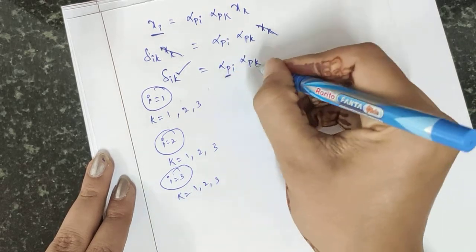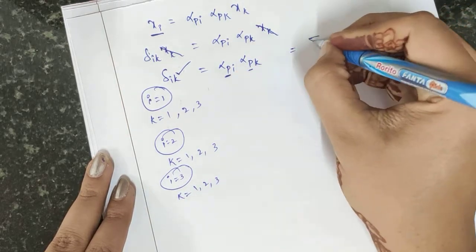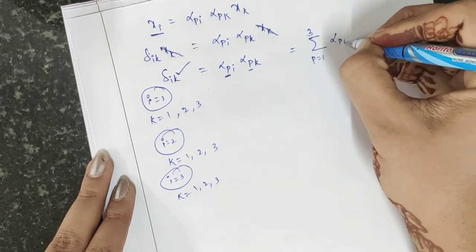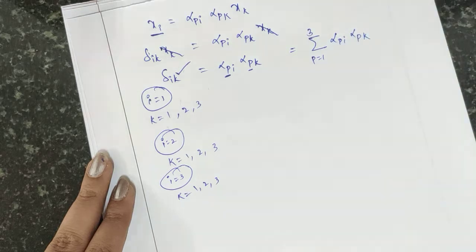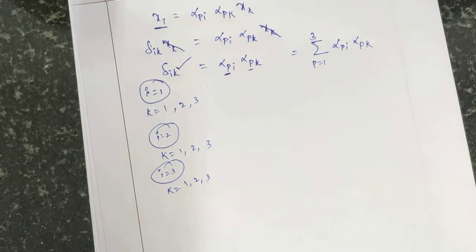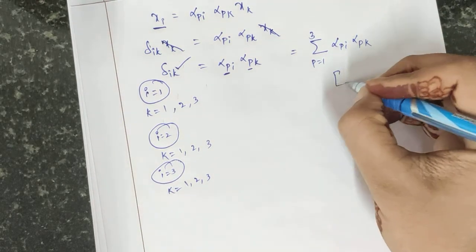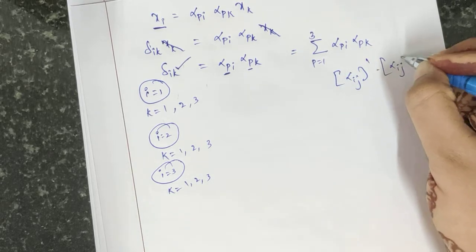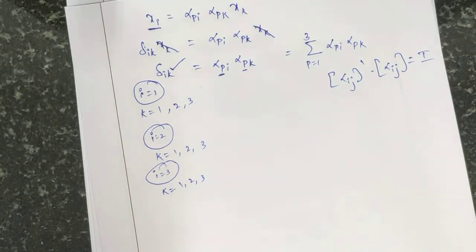Here p is the dummy suffix, so you can write this as summation p is equal to 1 to 3 alpha pi alpha pk. Follow the same procedure and finally obtain the matrix. You will get alpha ij transpose into alpha ij is also equal to the identity matrix.